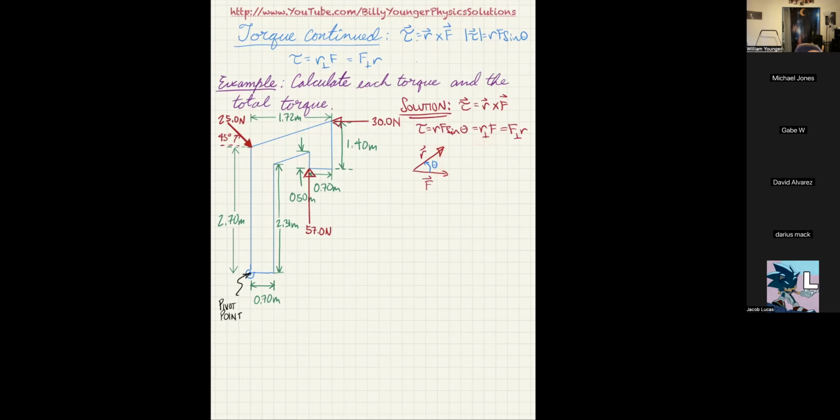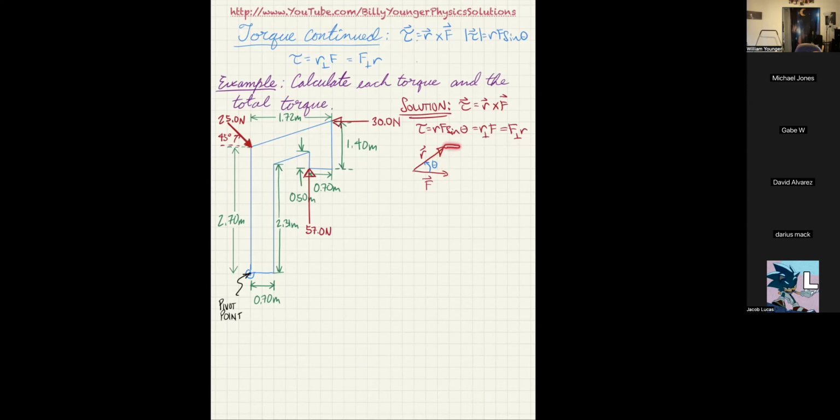You could also create a right triangle right here, and then you'd see with that right triangle, f sine theta is the component of f perpendicular to the lever arm. So that's where that one comes in.